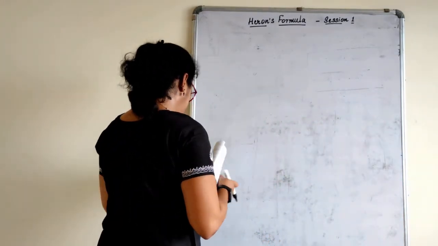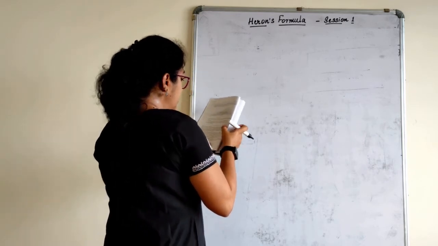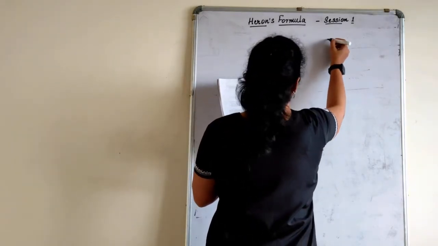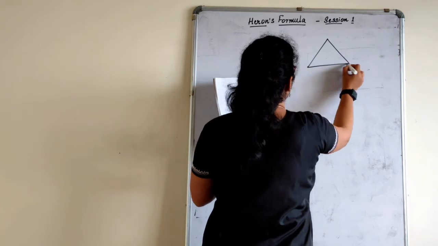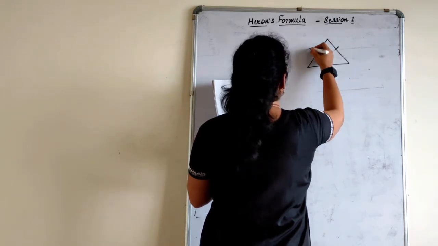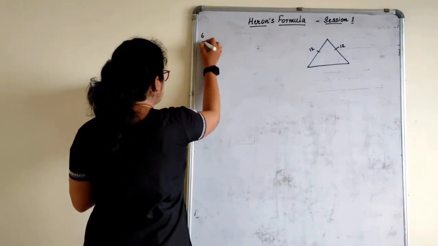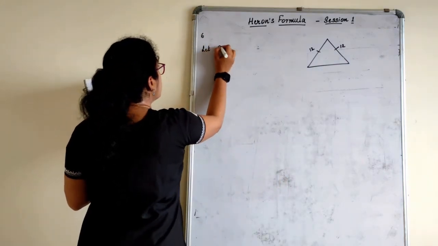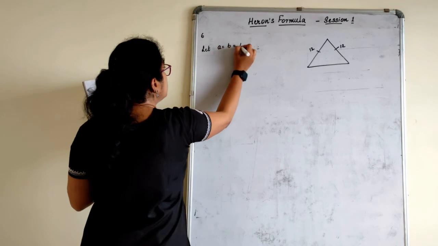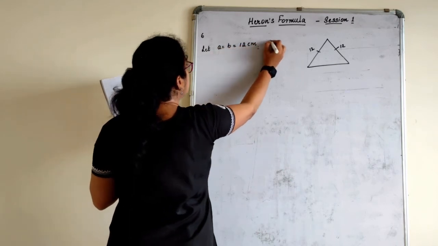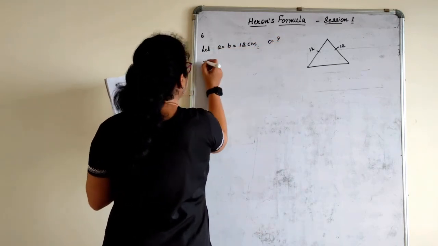Sixth one. An isosceles triangle has a perimeter 30 and equal sides are 12 centimeter. So let A is equal to B is equal to 12 centimeter. C you have to find out.